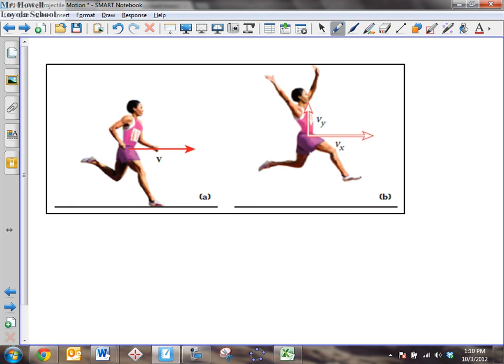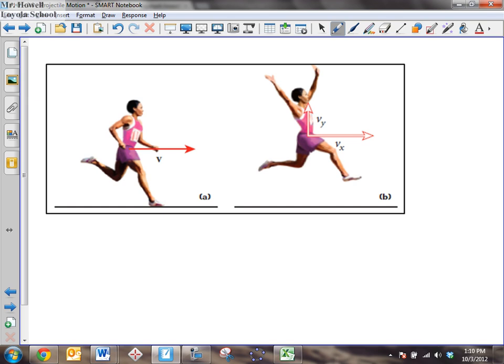All right, let's take a look at these 2 different examples here. Imagine we have a runner, okay? The runner's running, and he or she decides to do a long jump.